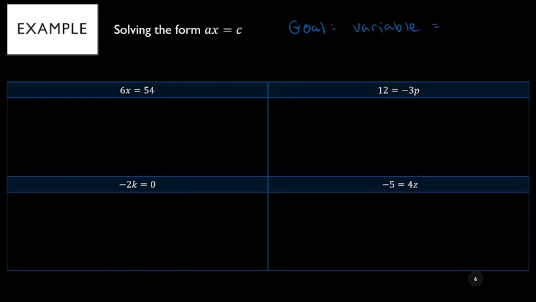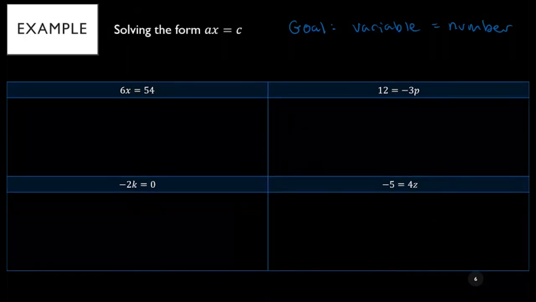It doesn't matter if the variable is on the left or the right, but your goal is to have your variable equal a number. With 6x equals 54, we want x on the left. We need to get rid of the 6. The 6 is multiplied, so we're going to divide by 6 to get rid of it. We indicate that by writing it like a fraction here to show that we're dividing by 6.